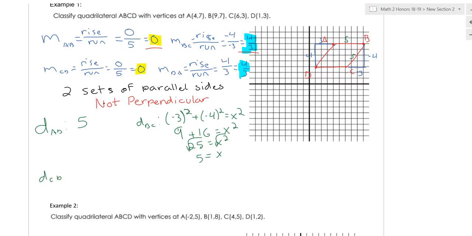The distance of CD, again, I can just count because it's a straight line. It's 5. And then the distance of D to A, I could set up the same thing, 3 squared plus 4 squared. And again, we should start recognizing that this 3 squared and 4 squared and this 3 squared and 4 squared will give us the same answer.